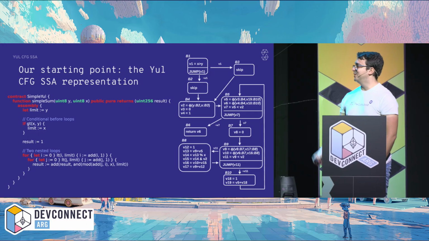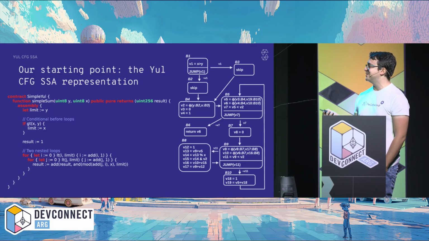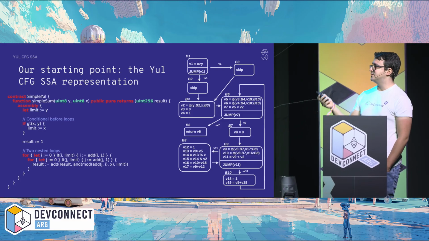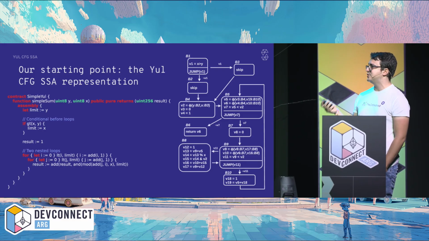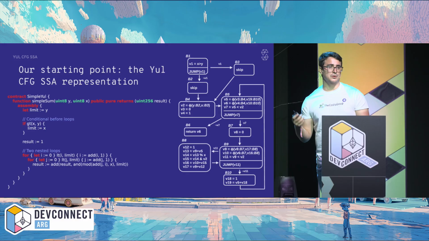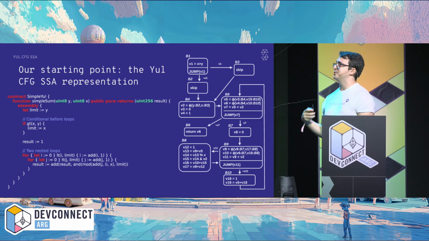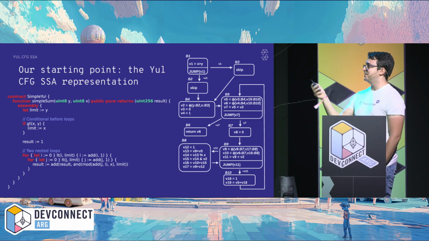Okay, so, well, how is the control flow graph? We have seen other examples before. This is a bit more complex. So you can see that this is a very simple case in which we have a conditional, and then we have two nested loops. And the right figure is the one that represents the control flow graph, which is a bit simplified, but this is the idea.